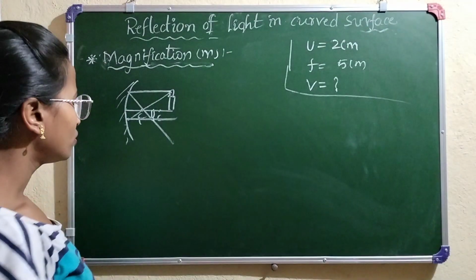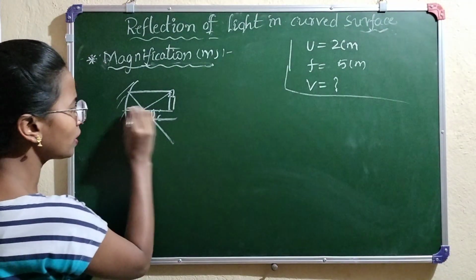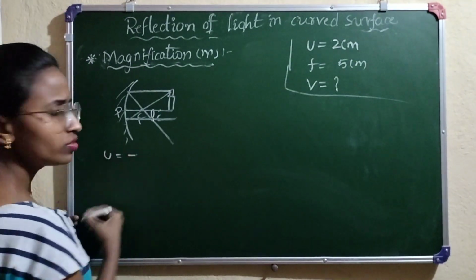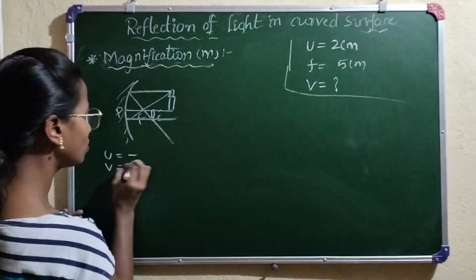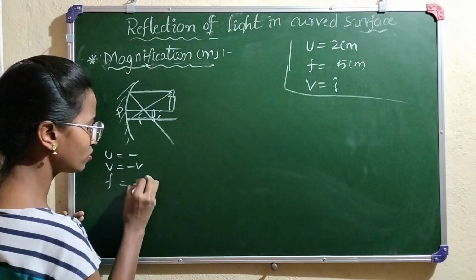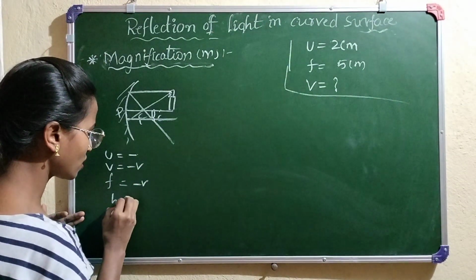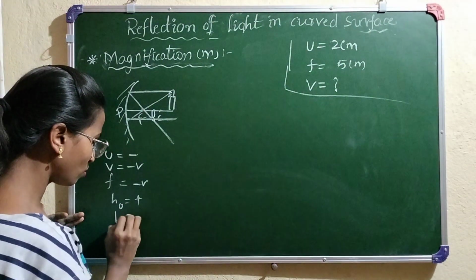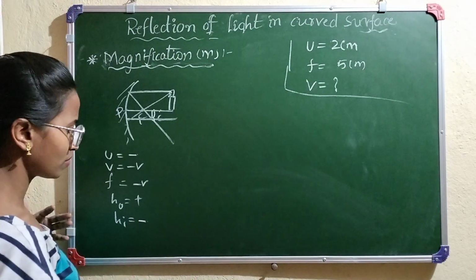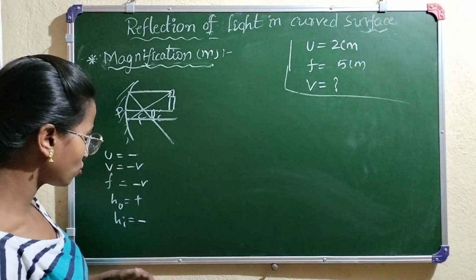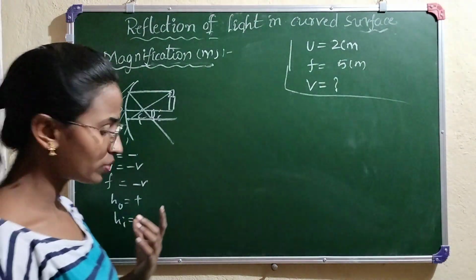Now here the u value is opposite, so it is negative. The v value is also negative. The f value is also negative. The ho value is positive, above, and the hi value is negative. Am I clear?